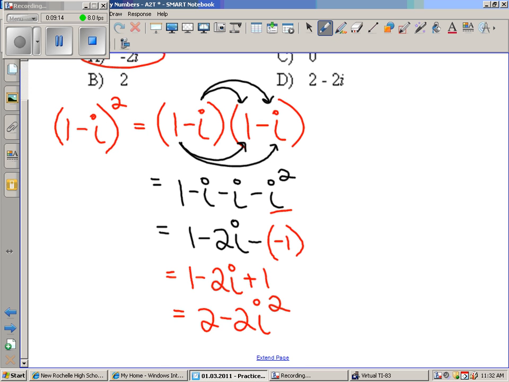I made a mistake when I was foiling. Negative i times i should have been that. And so this answer over here should have been different. Whoops, I made a mistake. My bad.